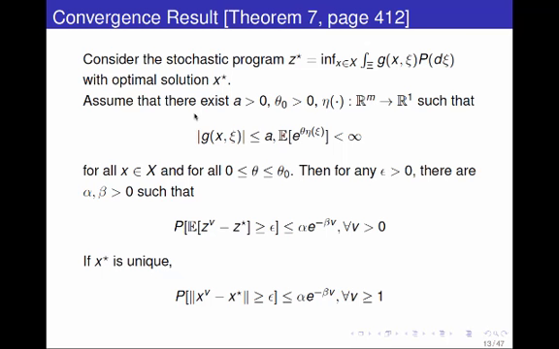Okay, so again, the chances of the approximate problem's objective function value being more than epsilon away from the true objective function value decrease exponentially with the number of samples that we're pulling. And also the chances of the actual vector that we provide as an answer being more than epsilon away from the true optimum decrease exponentially with the number of samples.